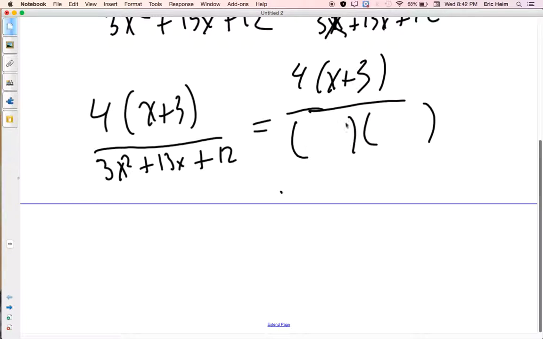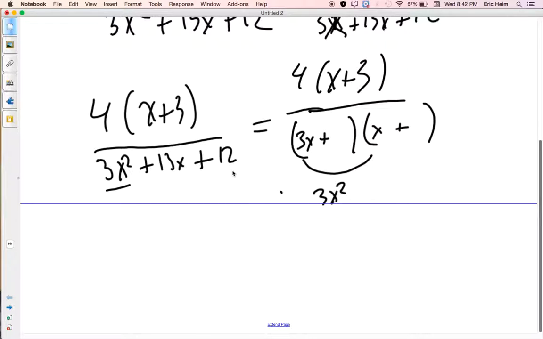Since both of these are positive, I'm going to guess that the two terms are going to be positive. If it's FOIL, the first terms multiplied together will probably have to be 3x and x. That would make 3x squared, right? This one times this one would in fact make 3x squared. That's good, okay?